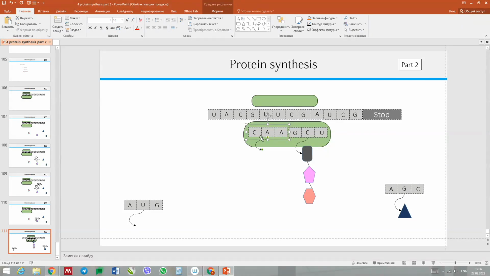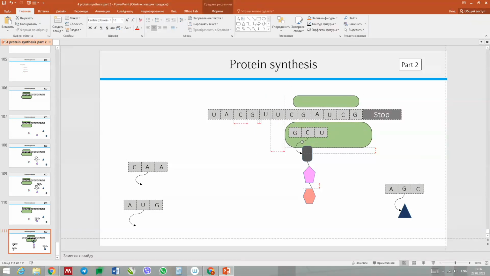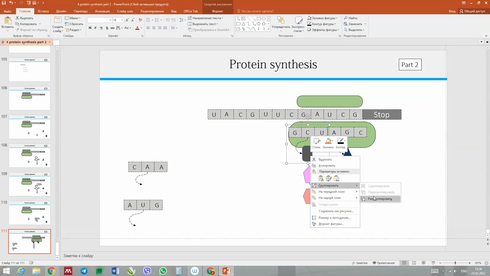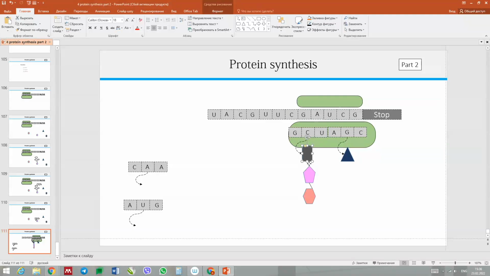And we know exactly what specific amino acid will be next. The next specific amino acid will be the one associated with transport RNA that has anticodon complementary to this codon: uracil, cytosine, guanine. This one. And the same story will occur again and again and again.